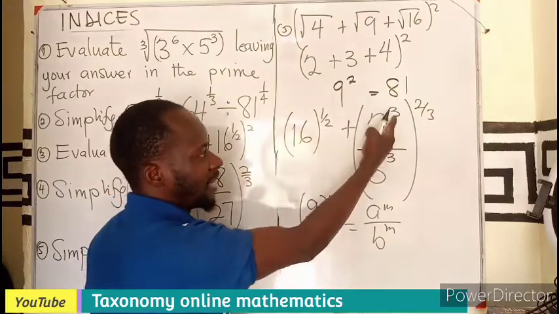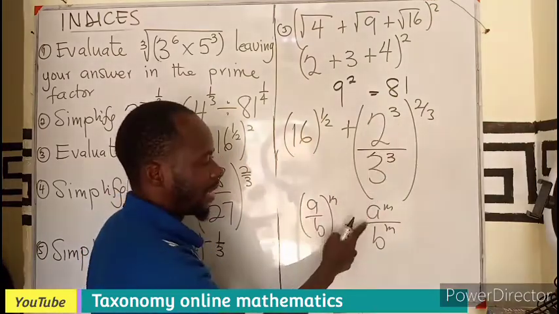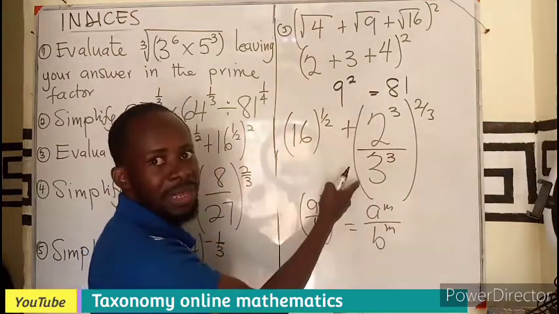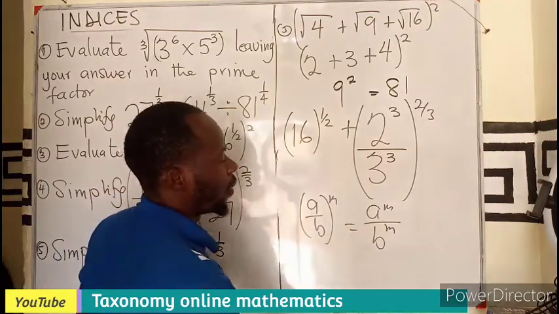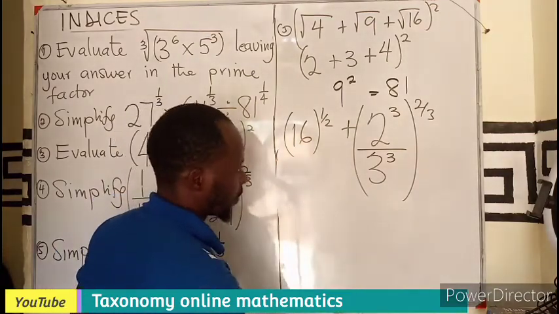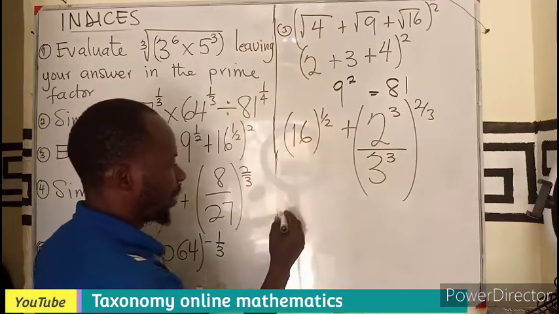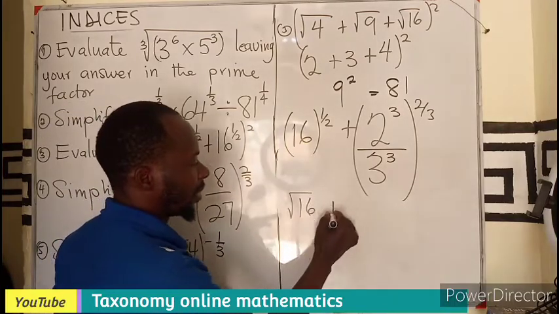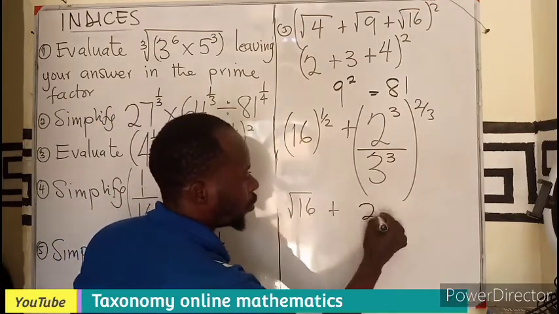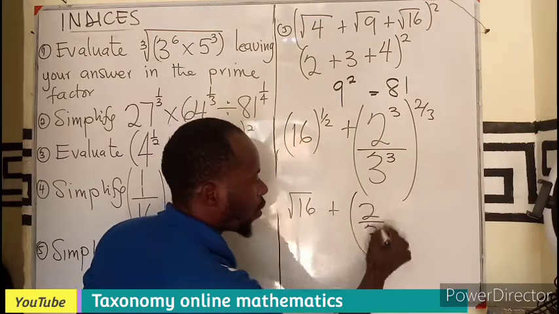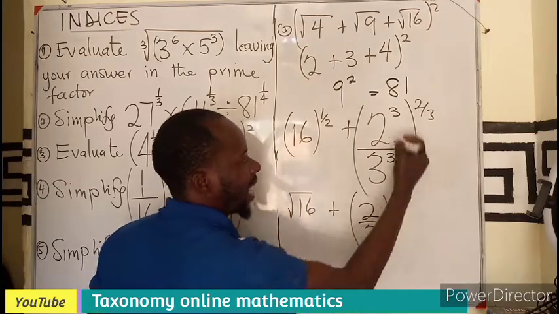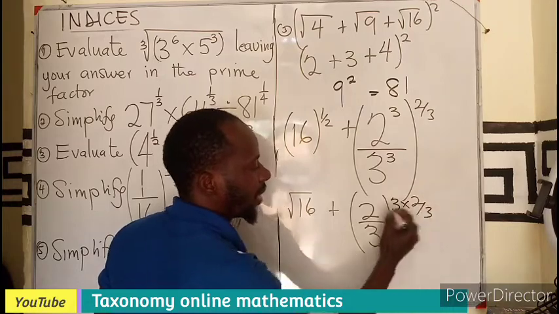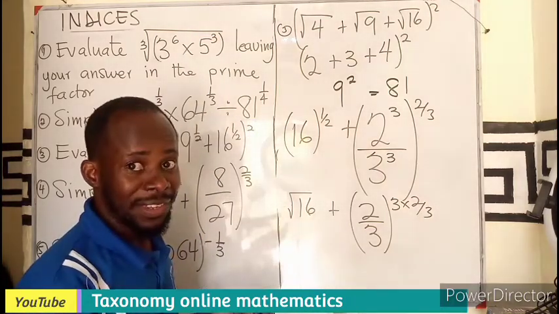Since I'm having the same power, and a and b are different numbers, I can also rewrite that. Taking this, it is going to be root of 16, then this becomes 2 over 3 all to the power 3 times 2 over 3. Do you get it?